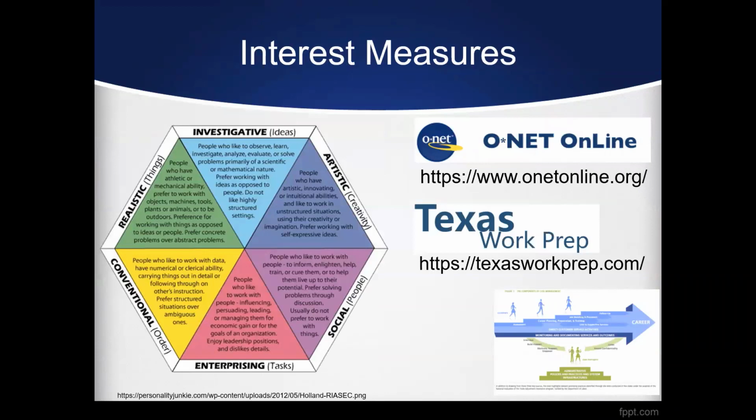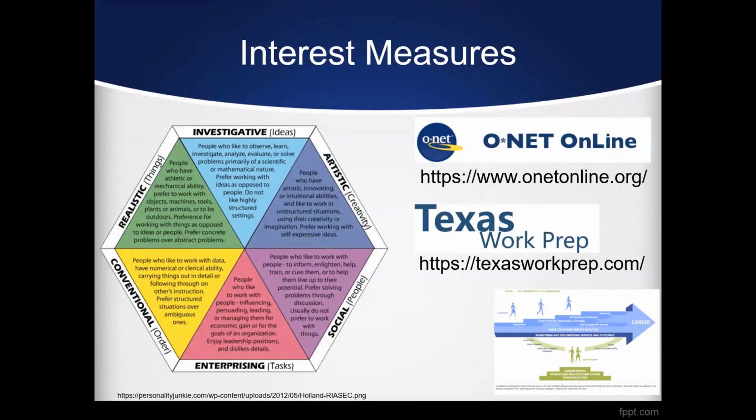We have various tests that provide interest measures. One such interest measure is the RIASEC, which is a theory of 6 personality types that focuses on career and vocational choice.